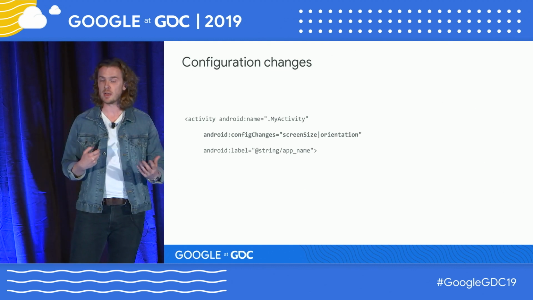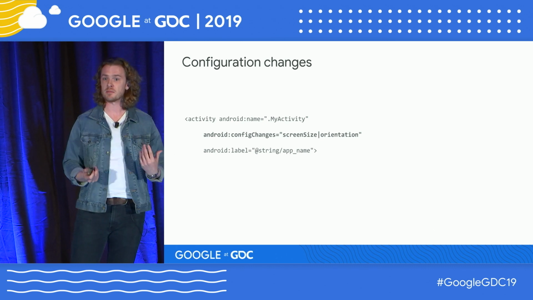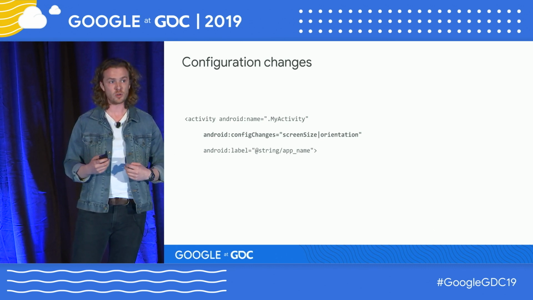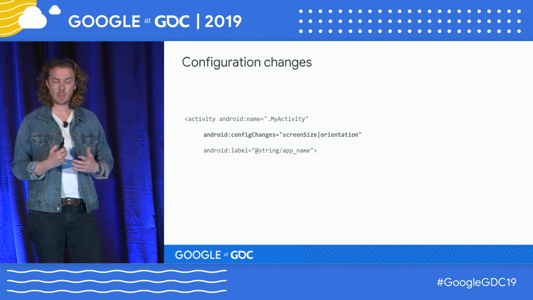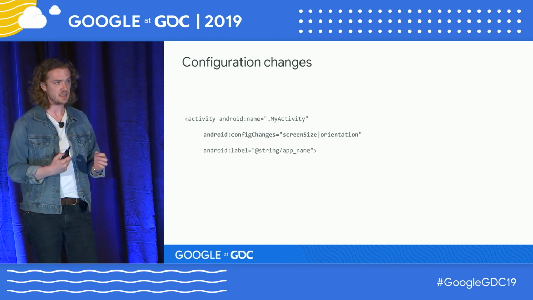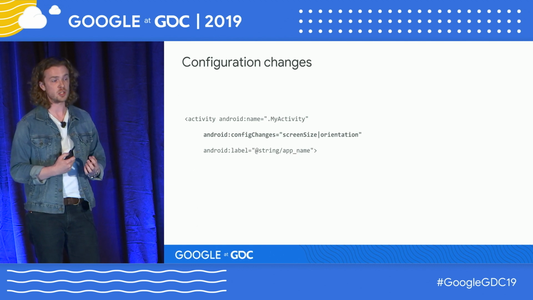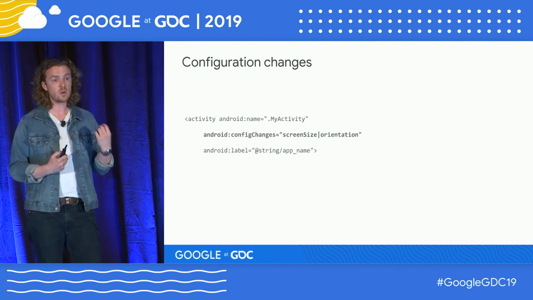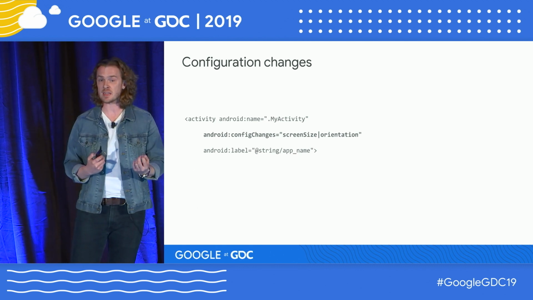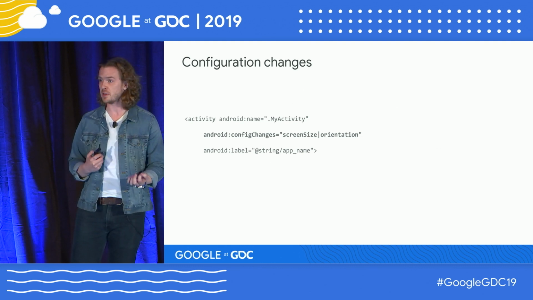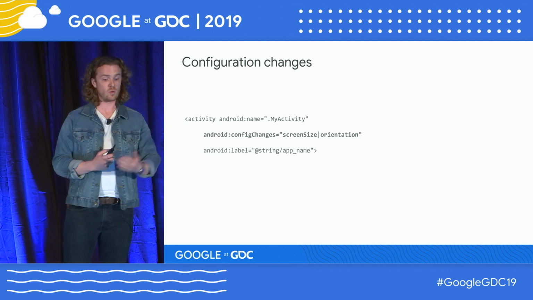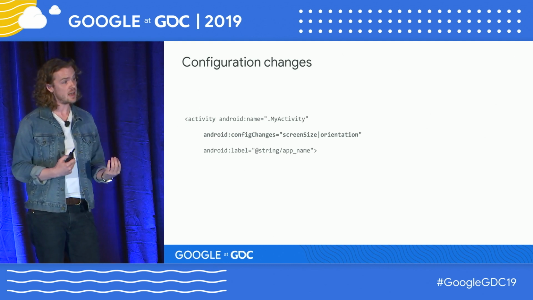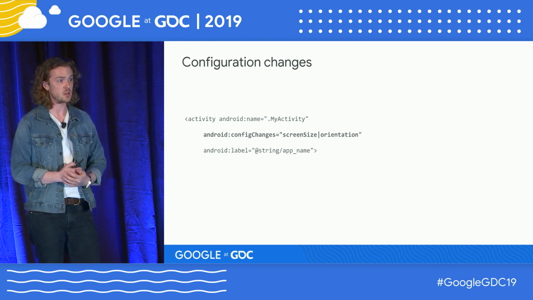It can be really slow, and especially in the cases of things like dynamic resizing, where you could be getting configuration change events every frame, it just doesn't work. So what we recommend as a best practice is to handle these configuration changes yourself. You can do so really easily by declaring inside your manifest all of the configuration changes that you want to handle in code. So in this example, we've said we want to handle screen size and orientation changes ourselves.